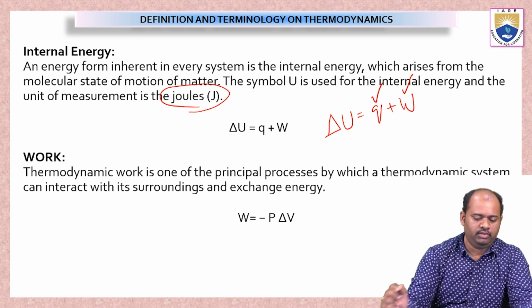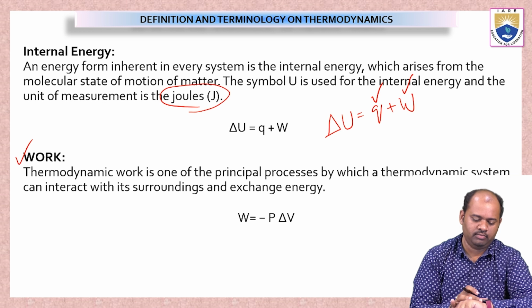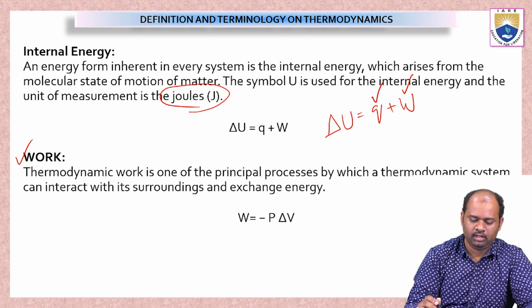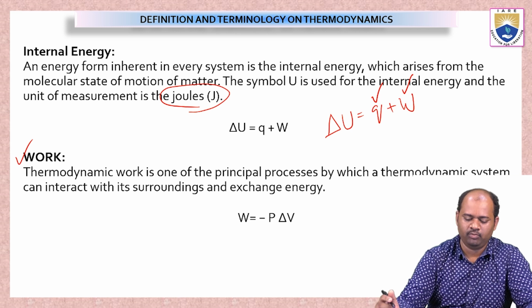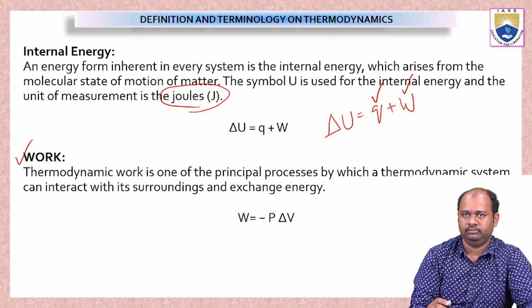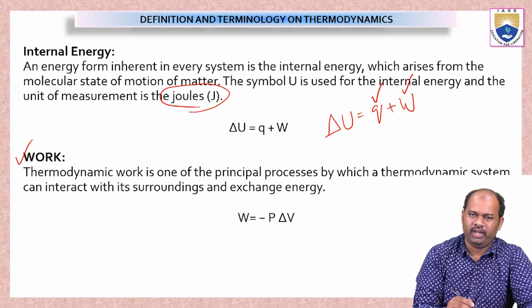And then we have work. What is the definition of work? Thermodynamic work is one of the principal processes by which a thermodynamic system can interact with its surroundings and exchange energy. So what is thermodynamic work? We have two different definitions related to mechanical engineering.